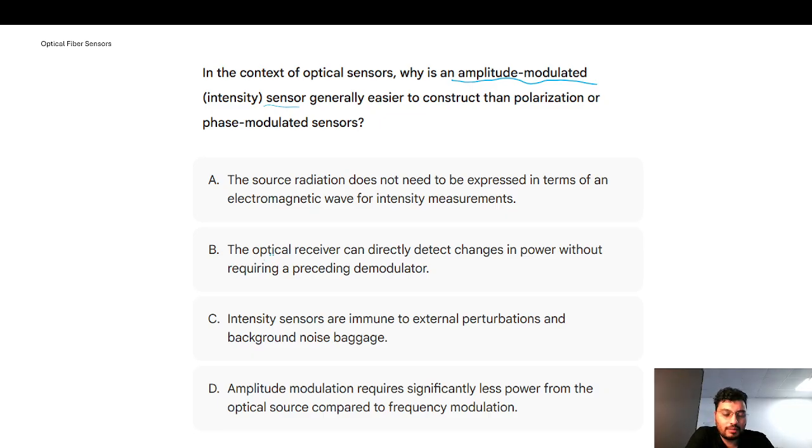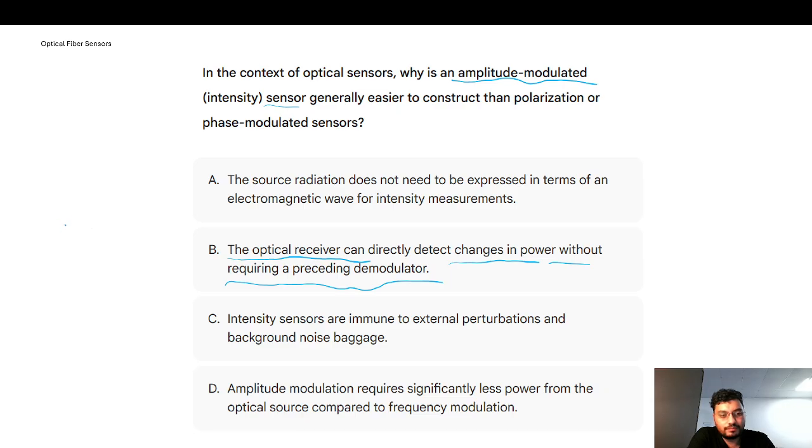So the optical receiver can directly detect changes in power without requiring a preceding demodulator. So we don't need any kind of demodulator for this. Just optical power which is changing can change the amplitude modulation, and can sense the amplitude modulated signal.